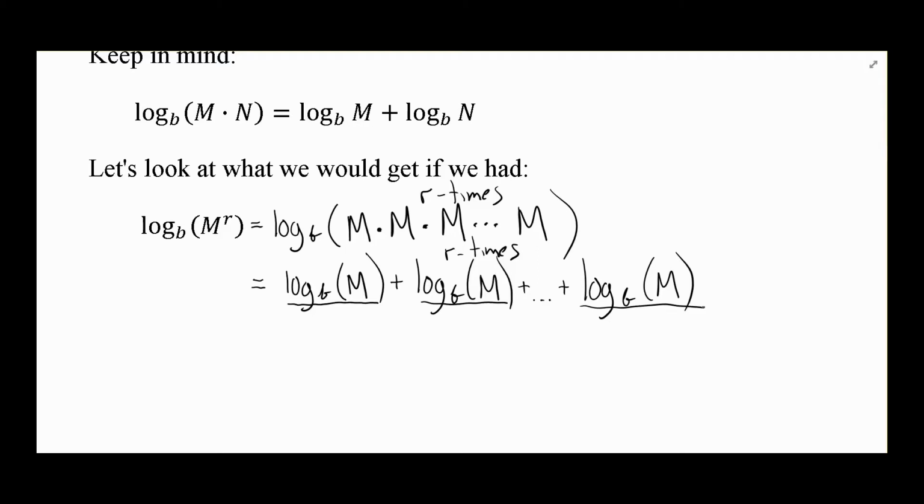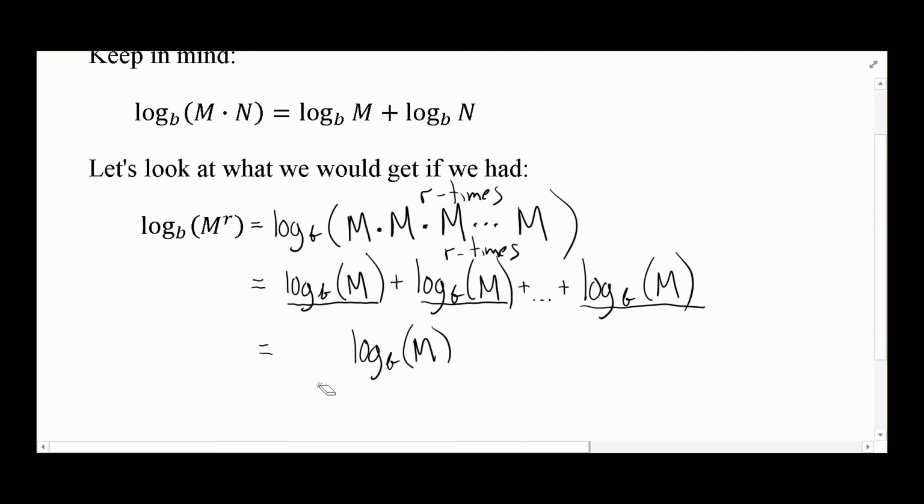If I add x plus x plus x, that's 3x. That's the definition of multiplication. If I have x squared plus x squared plus x squared, that's 3x squared. It's the definition of multiplication. So if I'm adding log base b of m to itself a bunch of times, then by the definition of multiplication, I'm going to have something times it. That something being how many times I added it together with itself.